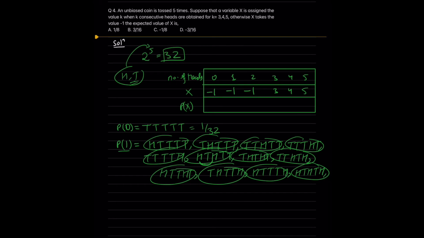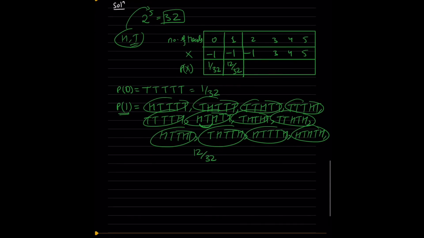So for one consecutive head we have 12 cases, and the value will be 12 out of 32. So for 0 consecutive heads we have 1 out of 32 chance, and for one consecutive head we have 12 out of 32 chances.